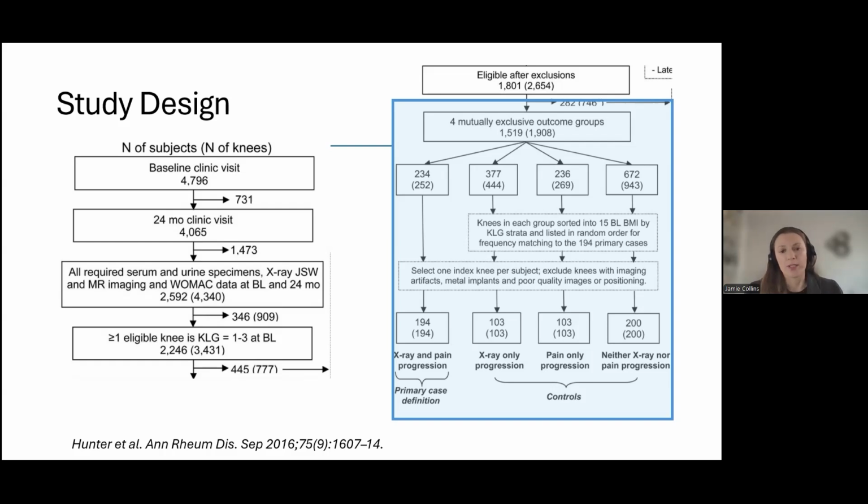And if you go all the way to the far right, there were 943 knees that were potentially eligible of non-progressors, and 200 of those were selected. So this nested case control study oversamples cases, and we'll come back to that when we talk about the analytic implications, but that's just something to keep in mind with the sampling strategy, as our progressors or our cases are oversampled relative to the full OAI.